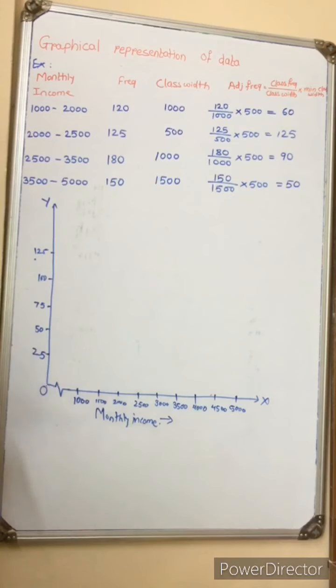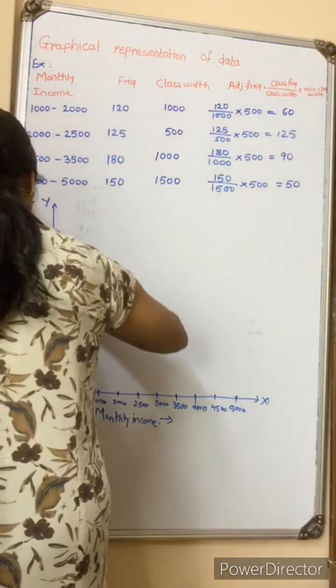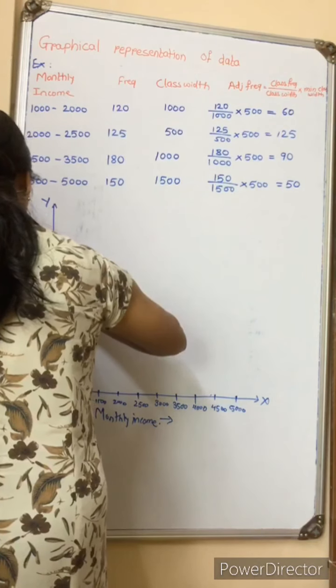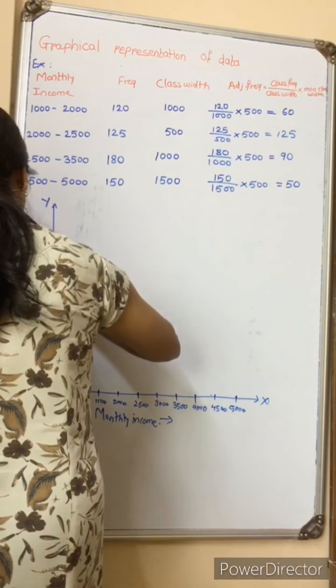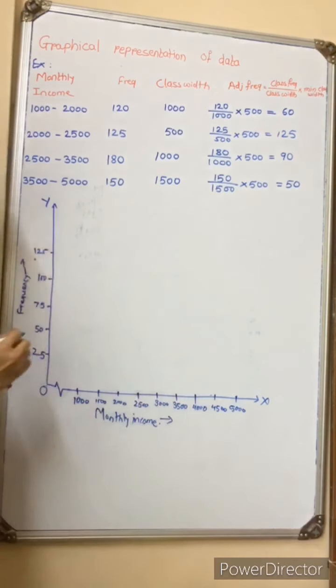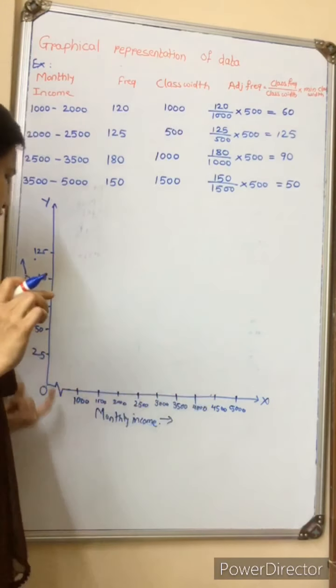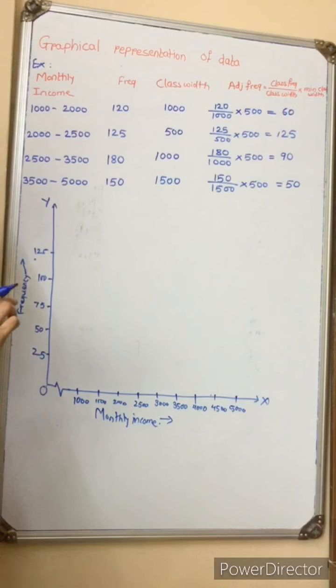Here frequency is given to us, therefore I write frequency. If people are given, then you must write people, or whatever variable is given to you. So in this proper way you need to draw the graph.